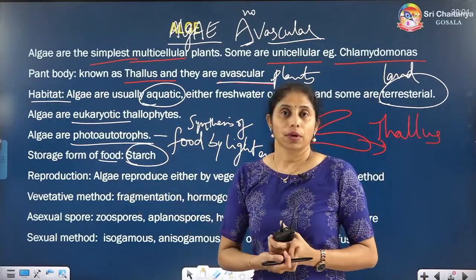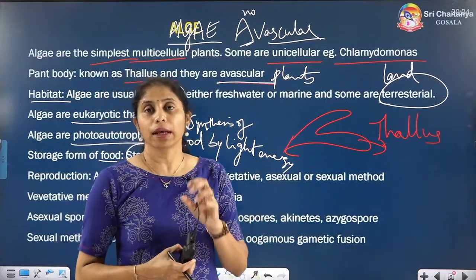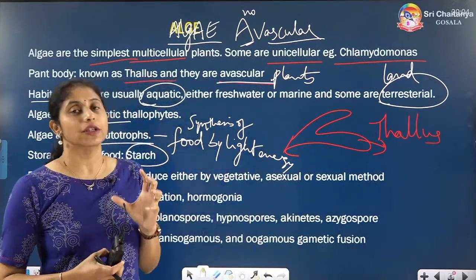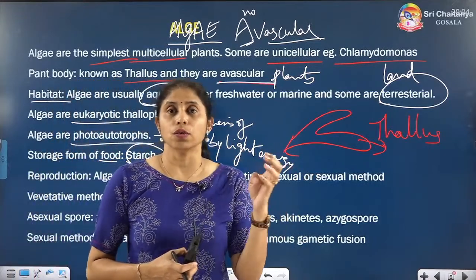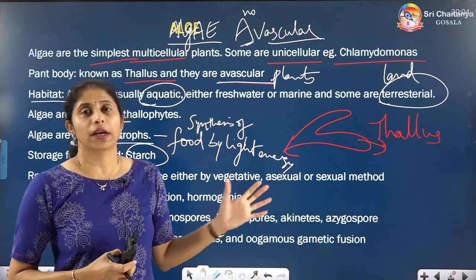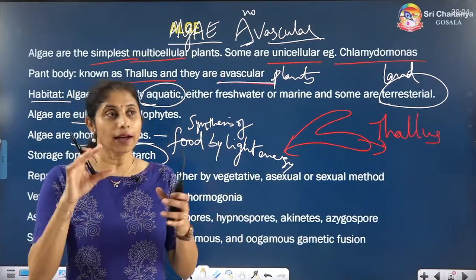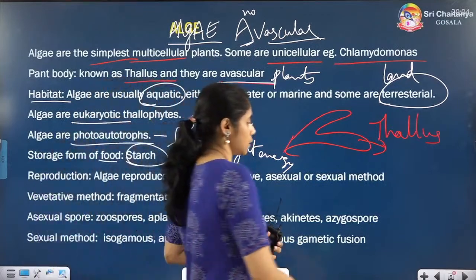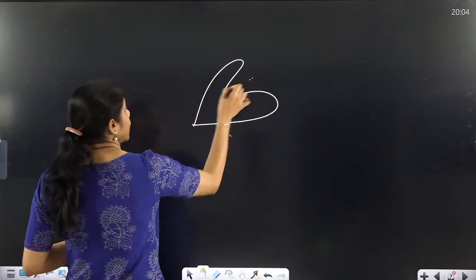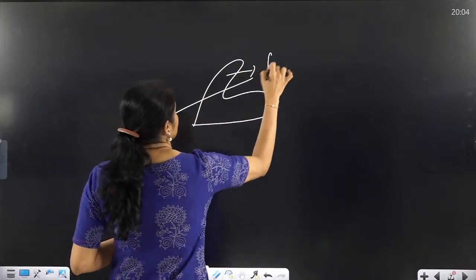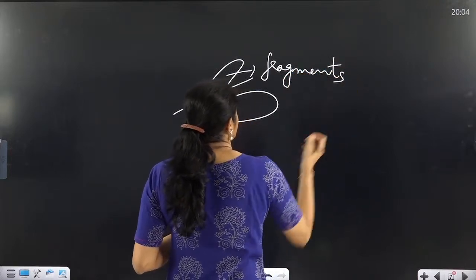Then reproduction. Reproduction in algae is done by three methods. One is vegetative reproduction. Vegetative, as I told you already, means the vegetative parts, root, stem, and leaf. But here there are no such parts, only a thallus is present. So the thallus will break into parts. Imagine this is the thallus, it will break into fragments.